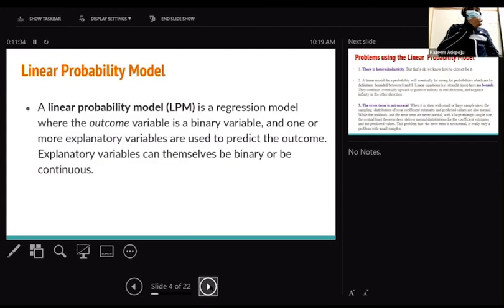In the linear probability model, this time around, we basically want to model a categorical outcome. Let me give you an example of a categorical outcome. You apply for a student loan. You have two possible outcomes: either you're going to be granted or not. If you are going to be granted, they're going to consider some predictors.